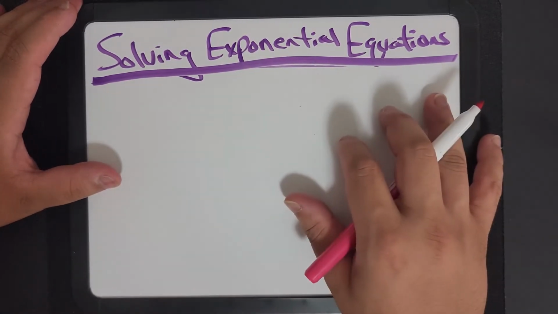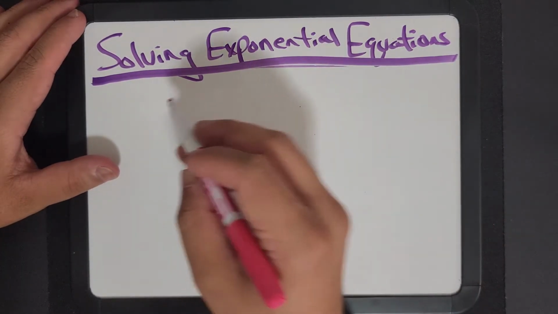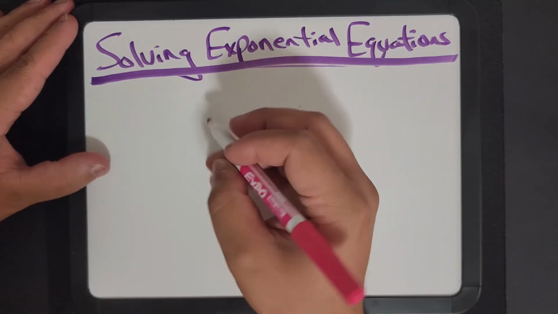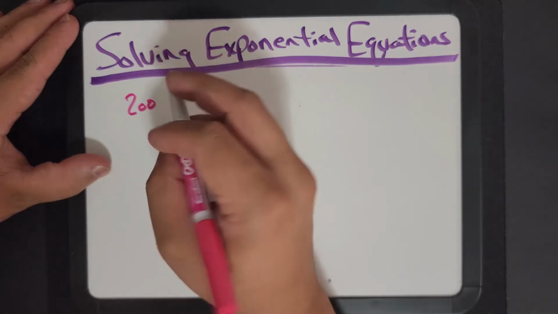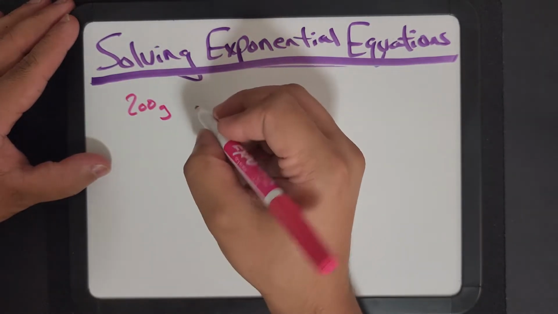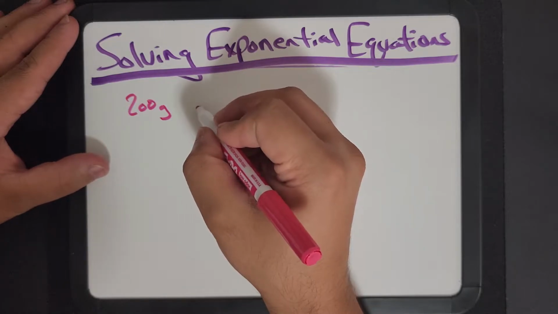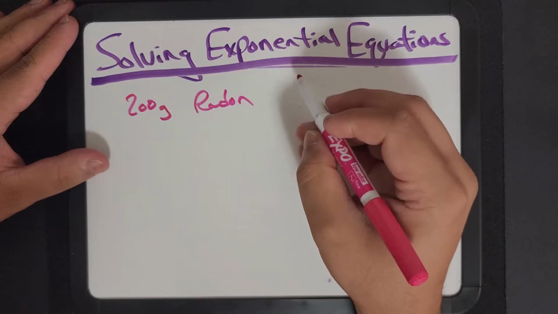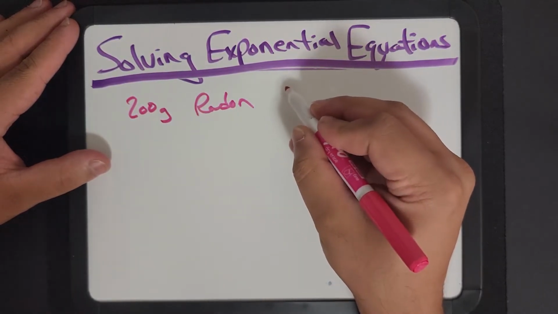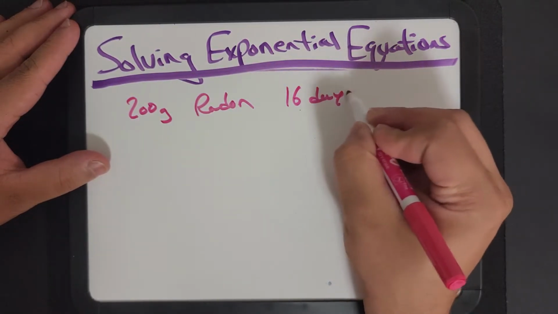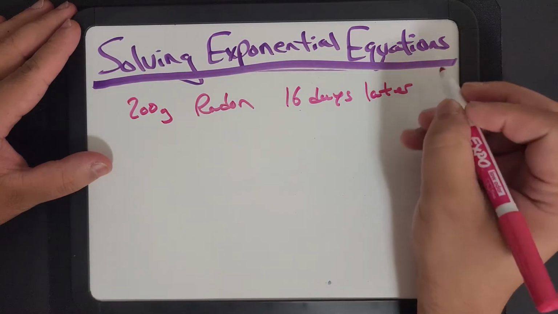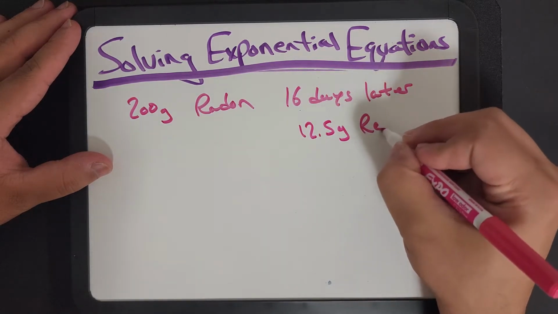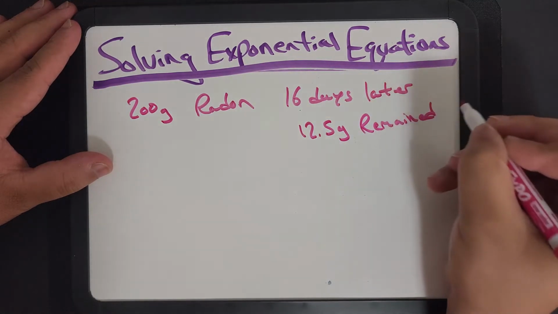Okay, so in this video we're going to be solving exponential equations. So let's say we have 200 grams of something radioactive called radon, and 16 days later only 12.5 grams remained.